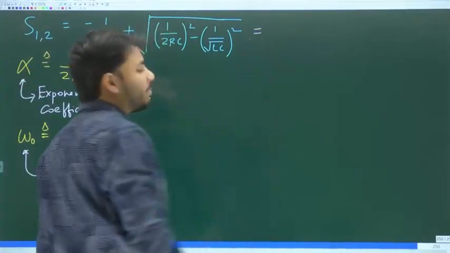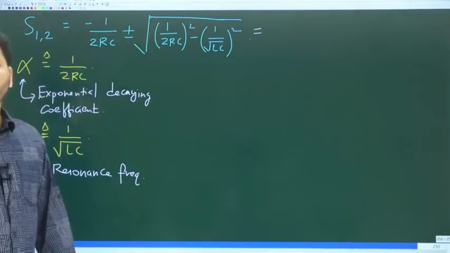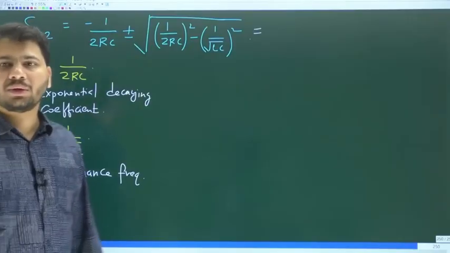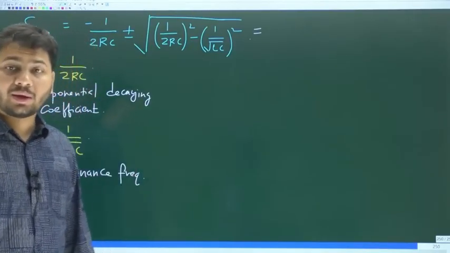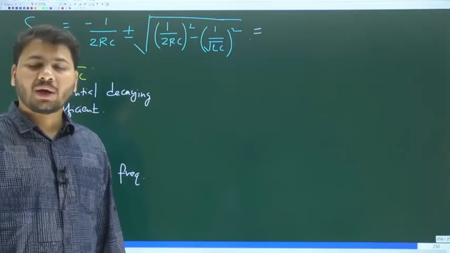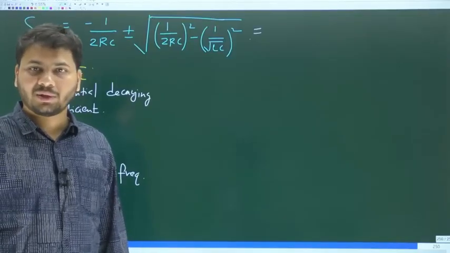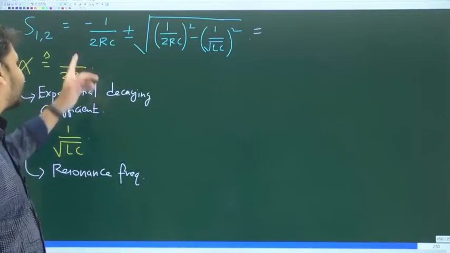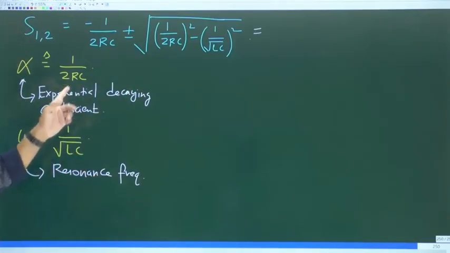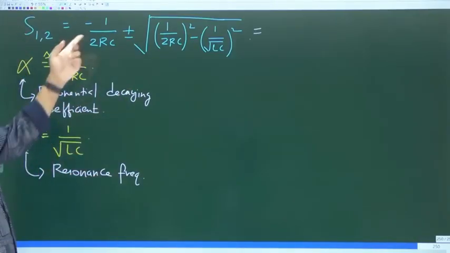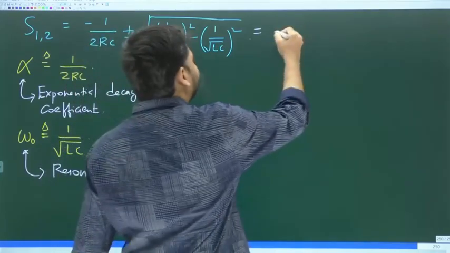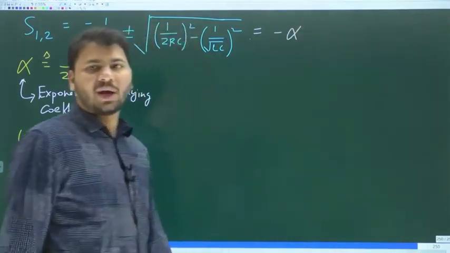Now if you come back to the expression for the two roots of the characteristic equation, which also happen to be the poles of the system, minus 1 by 2 RC. What is 1 by 2 RC for us? Is it not alpha? So this minus 1 by 2 RC is minus alpha.